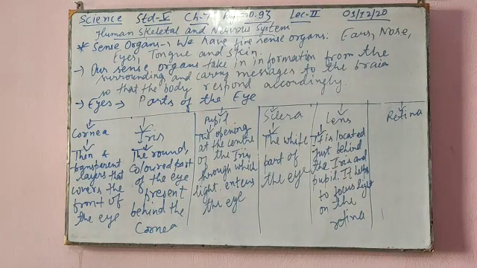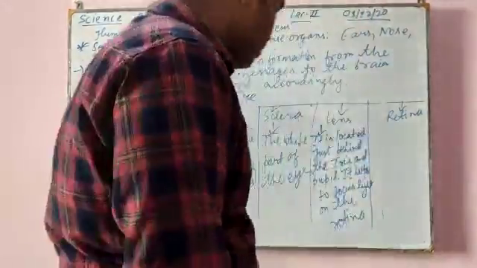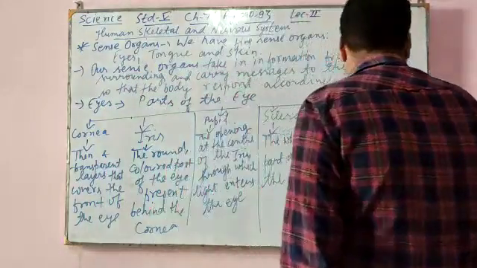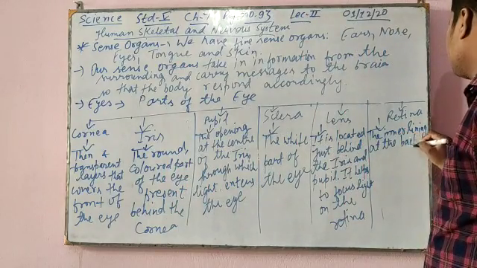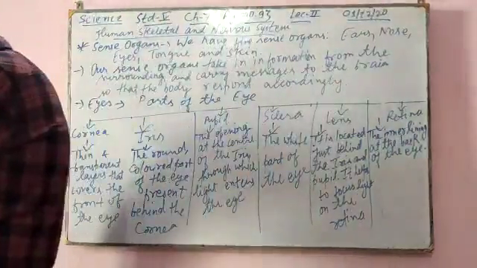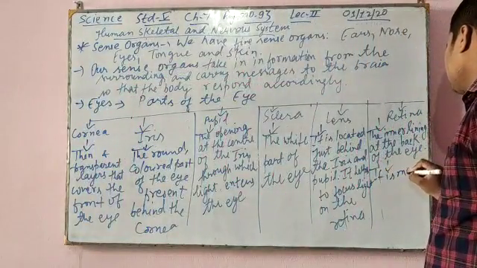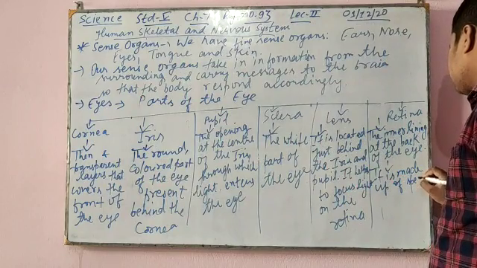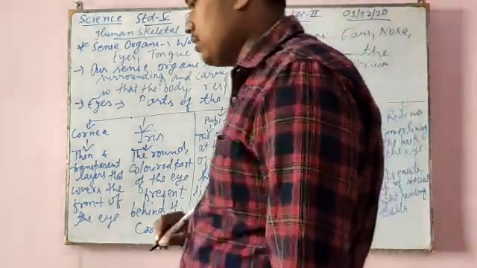And the last, not the least, is the retina. The inner lining at the back of the eye is called the retina. You cannot see it properly in our eye, but that inner lining at the back of the eye is the retina. The retina is made up of special light sensing cells.